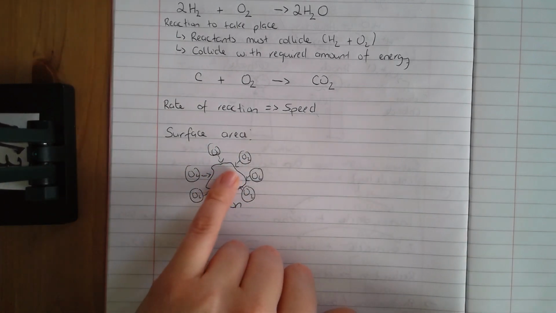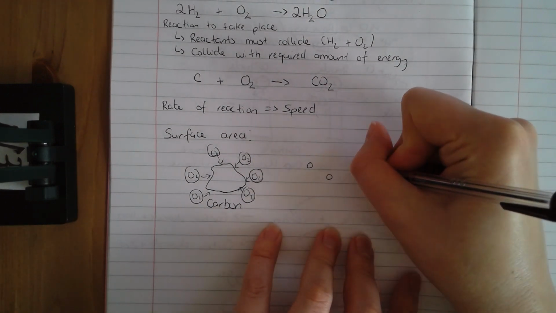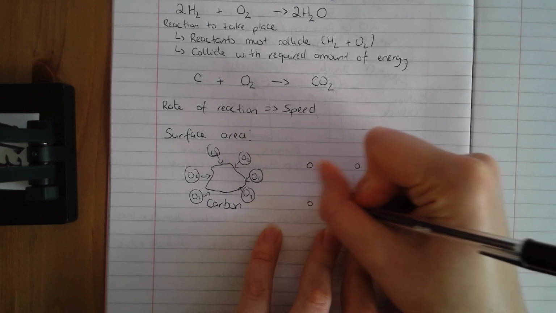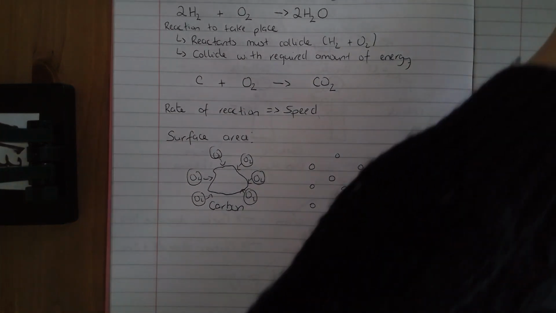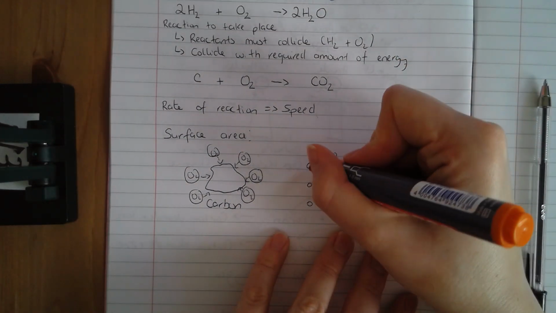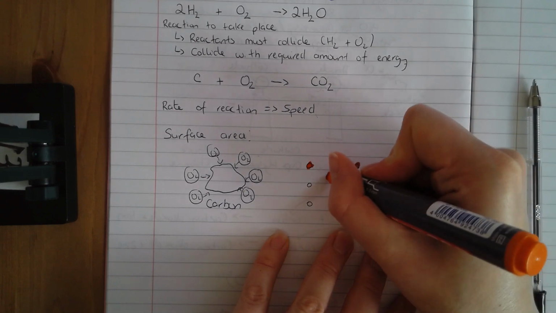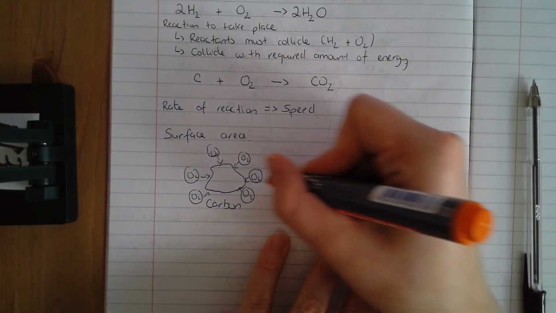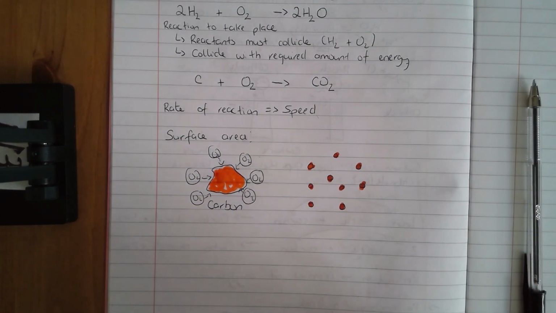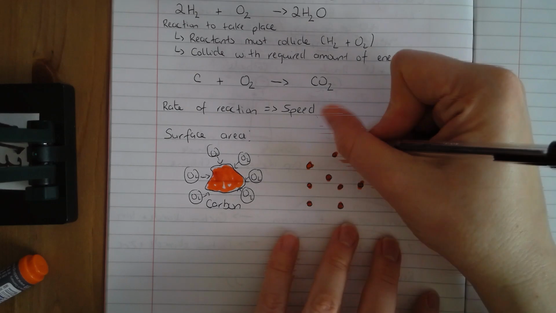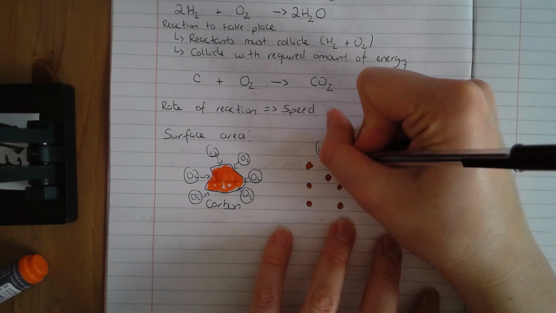But if you took this same piece of carbon and you broke it up into lots and lots of different pieces, so all of these individual dots are now representing my carbon. Actually, I'm going to color them in. These are all my pieces of carbon. So I've taken that same big lump of carbon and I've just broken it down into lots and lots of individual pieces. And by doing that, there is way more surface area.